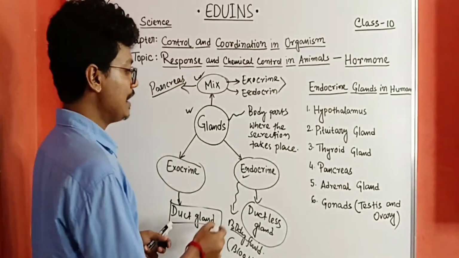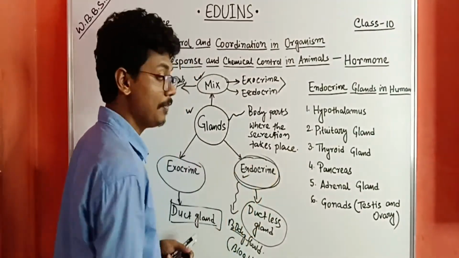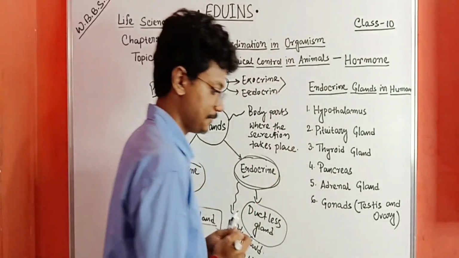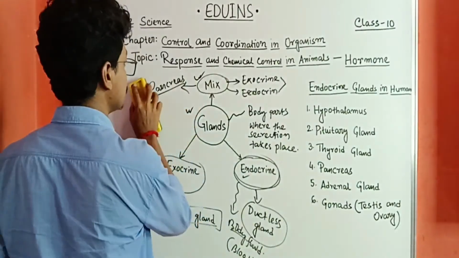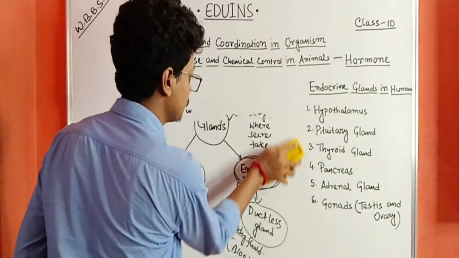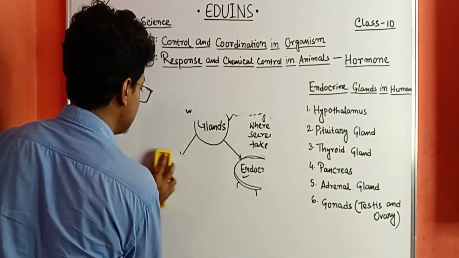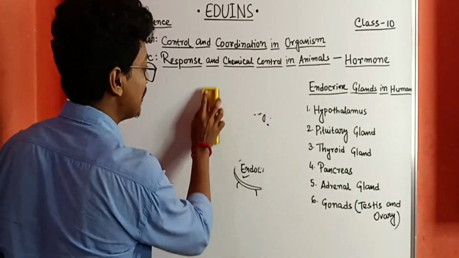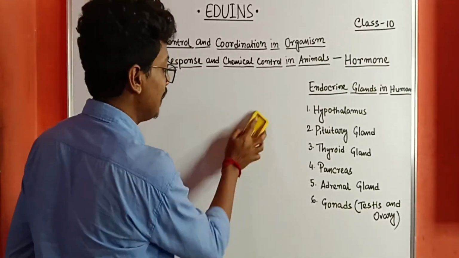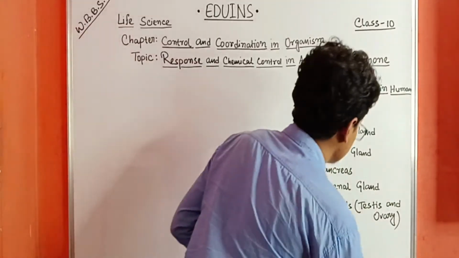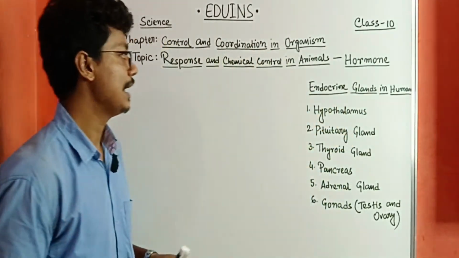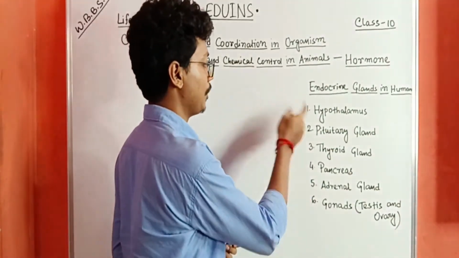In today's class, we will discuss the endocrine glands. The endocrine glands present in our body are mainly 6 types, which are listed here.